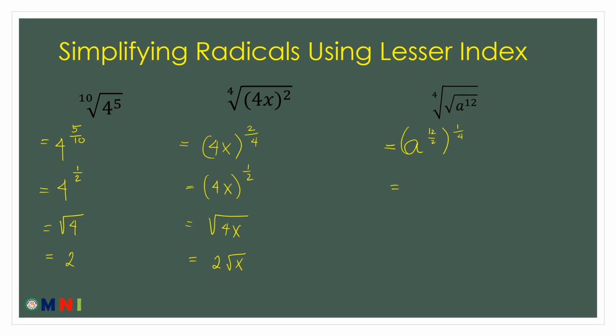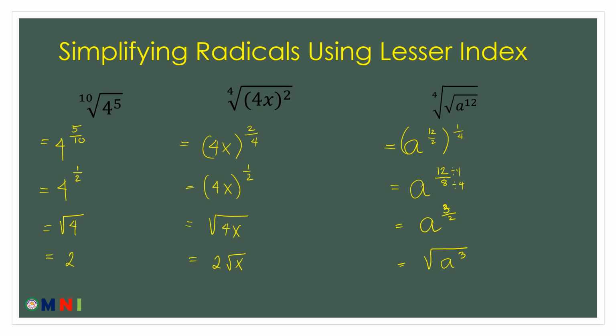We have a 12 over 8, which is, in lowest term, we have a raised to the power of 3 halves, right? Because you will divide this by 4 and divide this by 4. So 12 divided by 4 is 3, and 8 divided by 4 is 2. And when you are going to write it in radical, we have the square root of a to the power of 3. There. So that's the simplified radical for this given example.